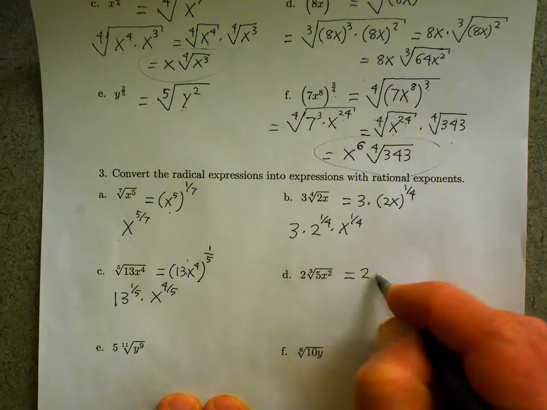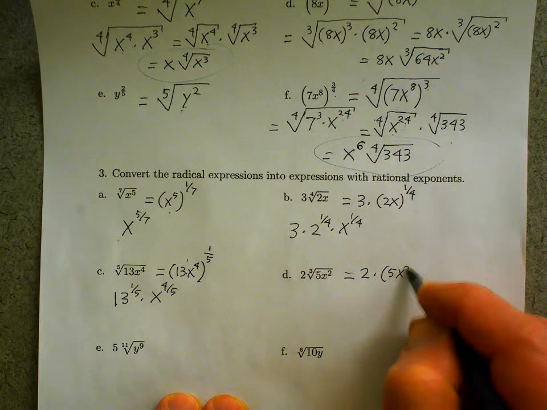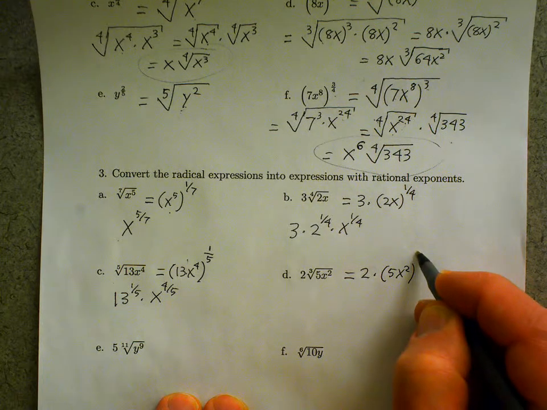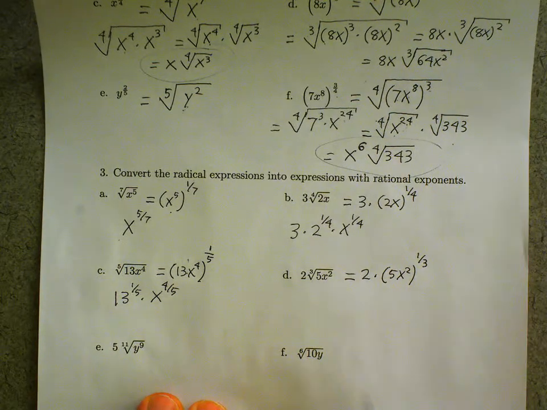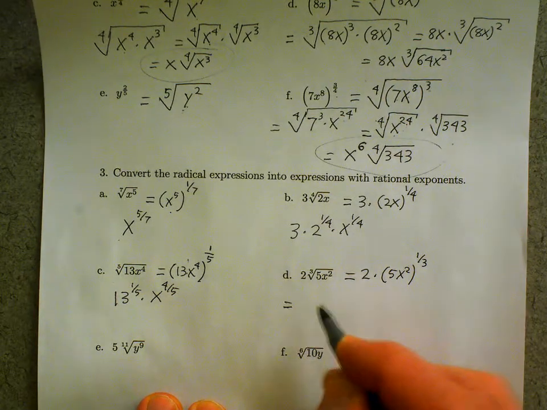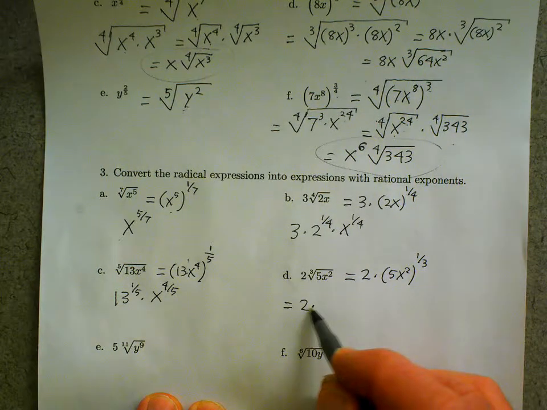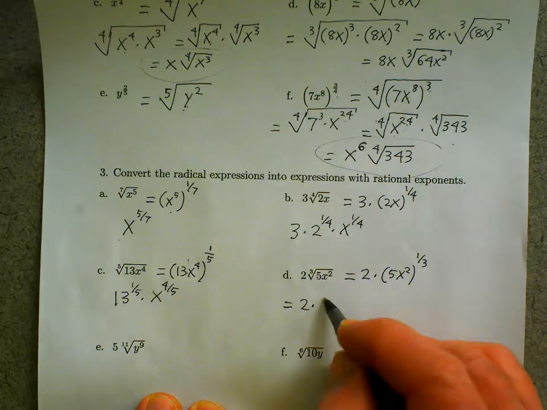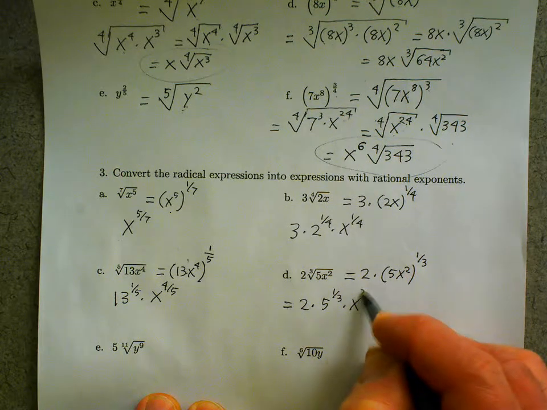So this is 2 times, and then in parentheses, 5x to the second raised to the exponent 1/3. And then when we apply the outer exponent, we can write 2 times 5 to the 1/3 times x to the 2/3.